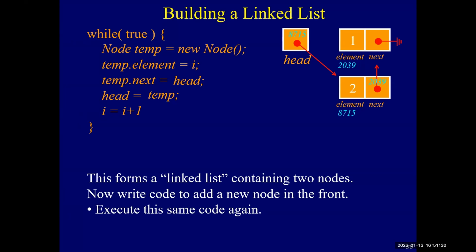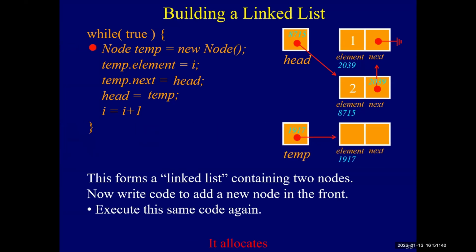And yeah, you should check it to make sure it's doing the right thing. Do we check it? What does this do? It allocates a new list pointed to by temp, right? What does this do? It goes temp.element, and it puts a 3 there, right? You notice I changed it to I, right?